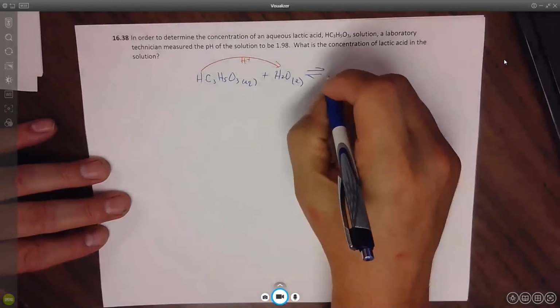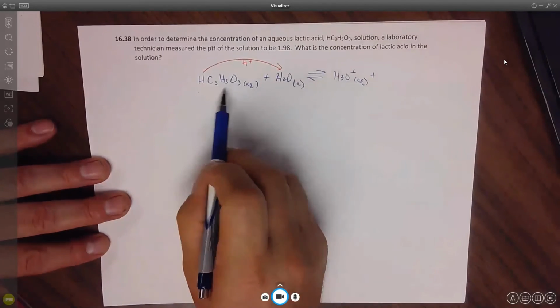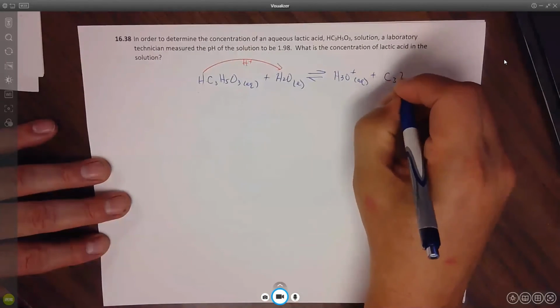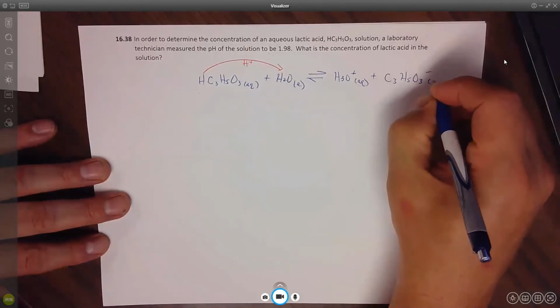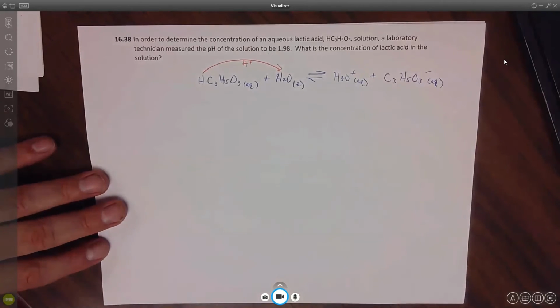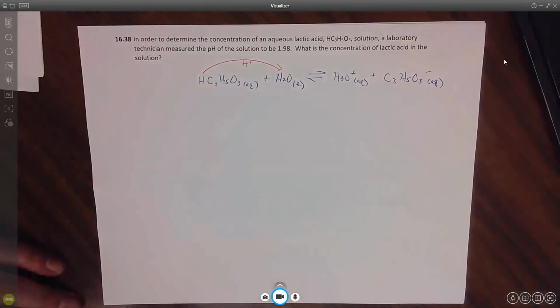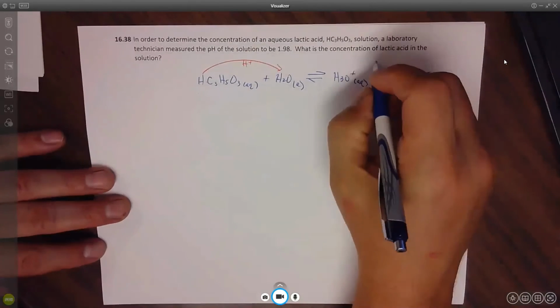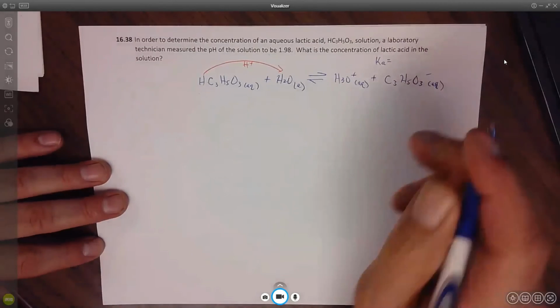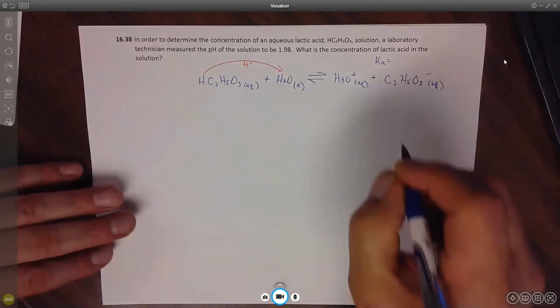So that's going to give us the H3O plus, or hydronium or hydrogen ion, and leave behind the conjugate base, C3H5O3 minus, aqueous. We're going to have to use an ice table for this. And so we're going to need to know the Ka value, which we will simply look up in the book. And the Ka value is going to be, what is it? 1.4 times 10 to the negative 4.